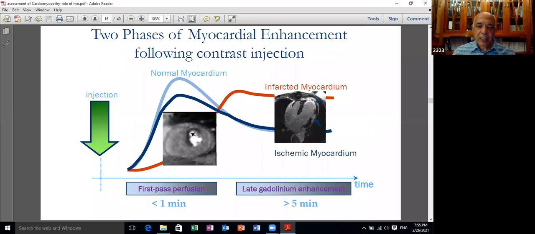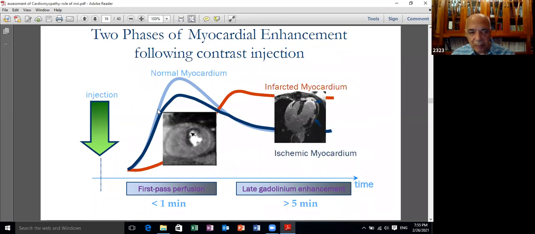Now, if you inject gadolinium, it circulates in the blood, goes to the heart within the first minutes. This is the first pass perfusion. And as I told you in T1 imaging, what we call bright blood image, it lets the myocardium take the gadolinium, and as a result of that, it appears white.